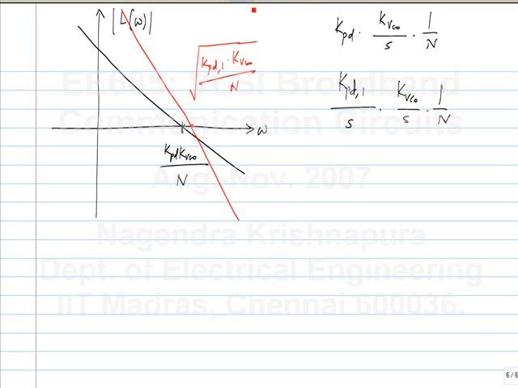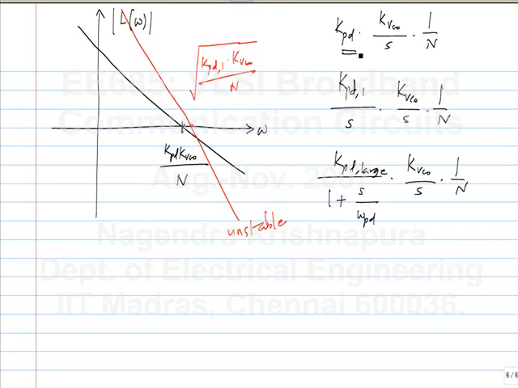This is unstable, and if you make it something like KPD by 1 plus S by omega PD, times KVCO by S, times 1 over N. This is a large KPD; I am just saying large to distinguish from the earlier value of KPD.